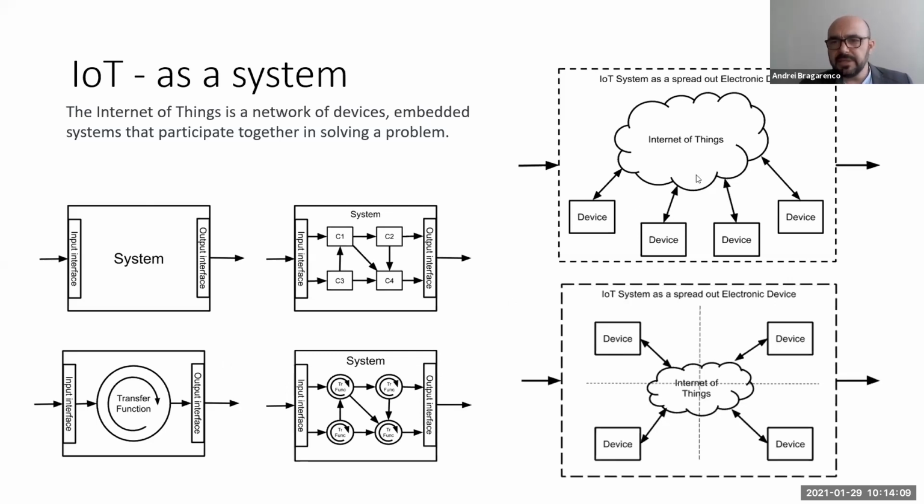Okay, and in this case, when we are speaking about the embedded system and about a system made of various components, the internet is also a system that collects information from the environment or from the area, processes it somehow and provides a result, depending on where this result should be provided.